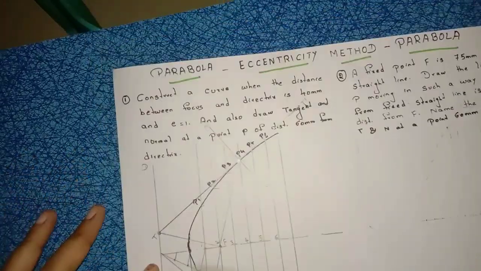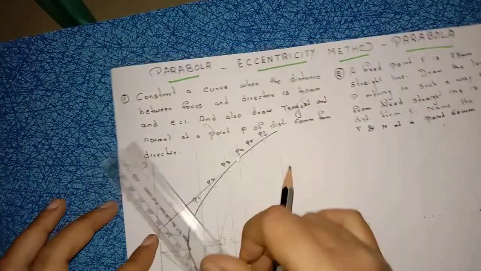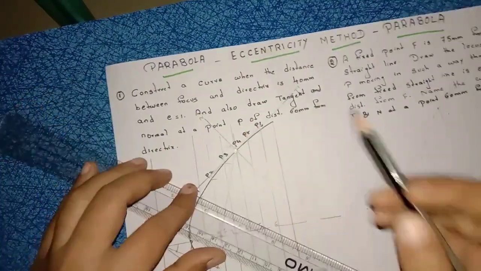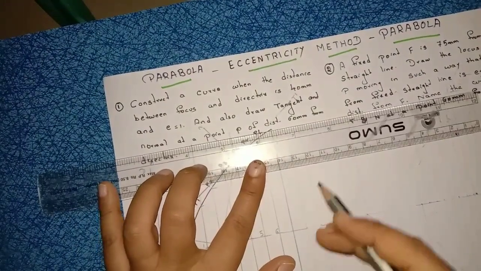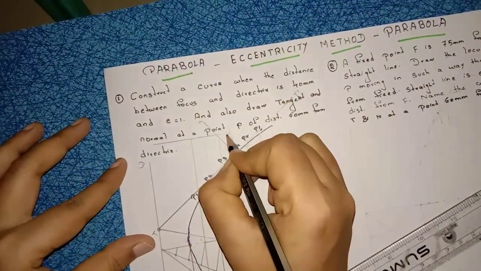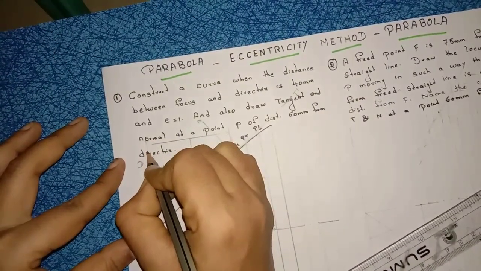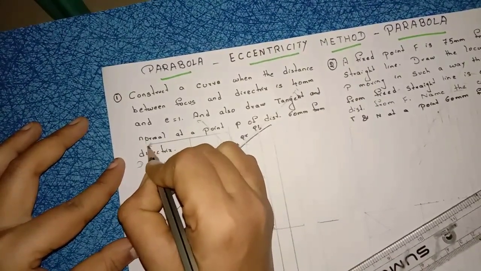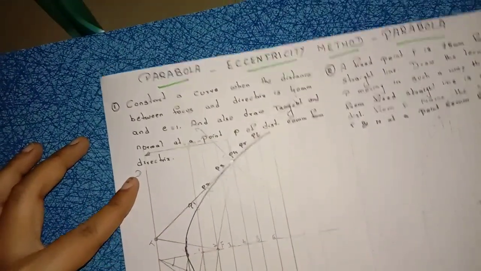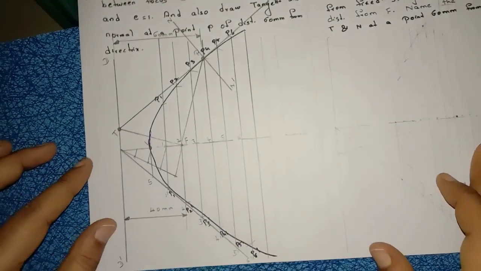Then next, tangent normal distance, draw the extension line from the P point, draw the dimension line, closed and filled arrow marks, distance is here 60 mm. Right, so this completes your problem.